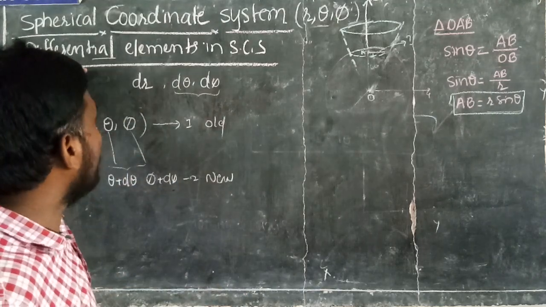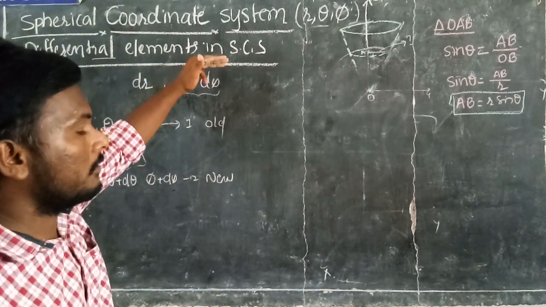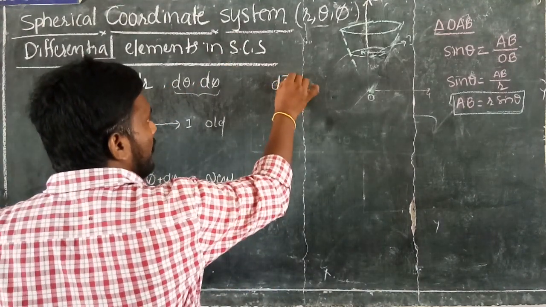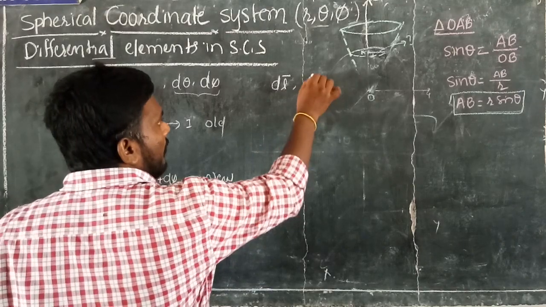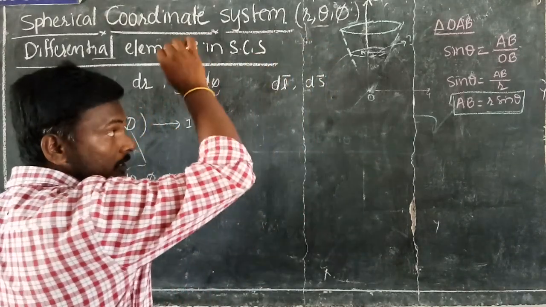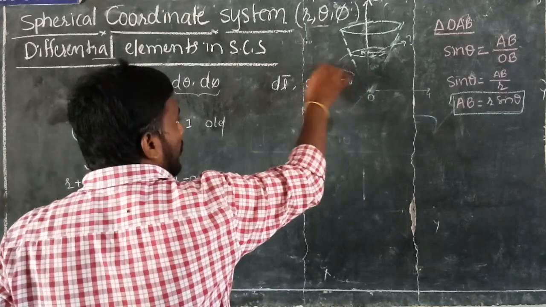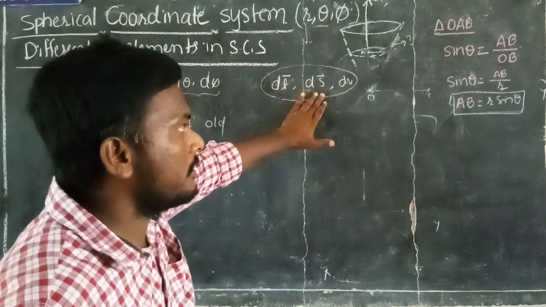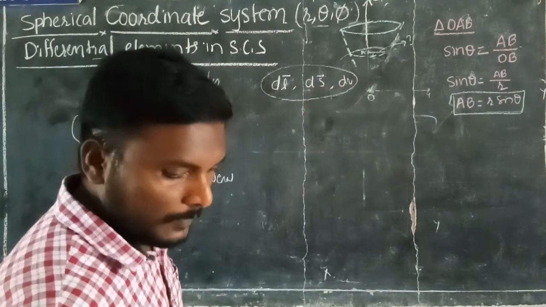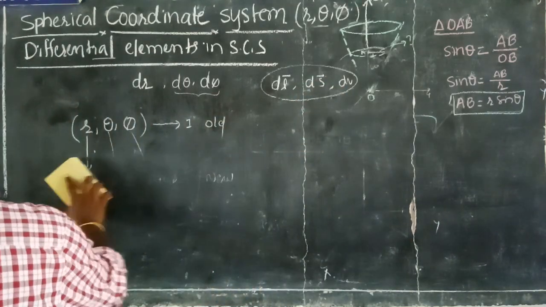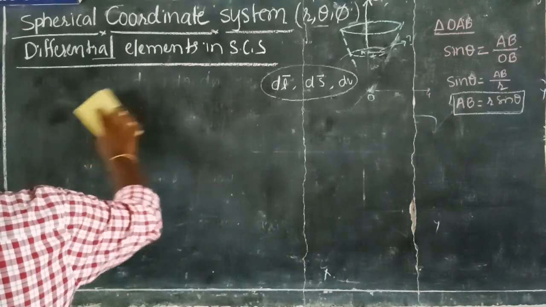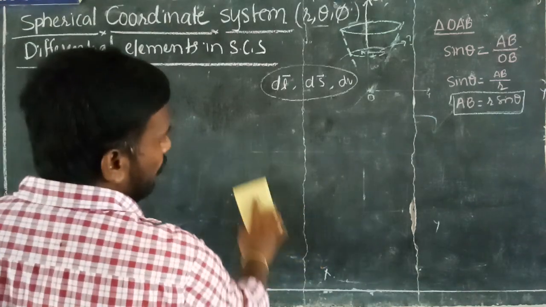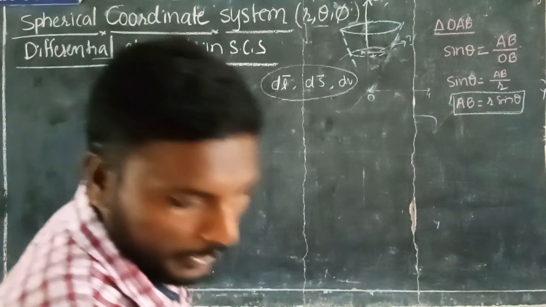So finally, our aim in the differential elements in the spherical coordinate system is to derive dl bar, the differential vector length, ds bar, the differential vector surface areas, and the differential volume. Now see, listen carefully how I am going to draw the two coordinate systems, the old coordinate system and the new coordinate system.